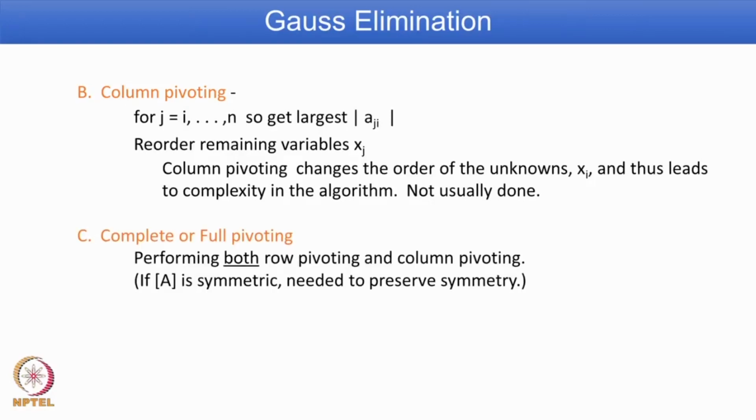There is another procedure, what is known as complete or full pivoting, where we perform both row pivoting as well as column pivoting. If coefficient matrix A is symmetric, then we need to pay attention to preserve symmetry while doing this kind of pivoting.